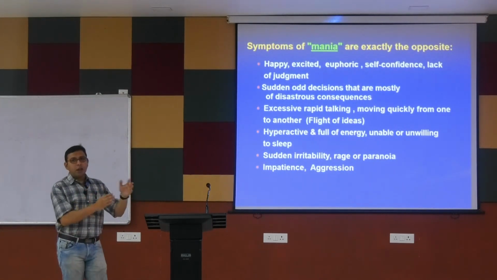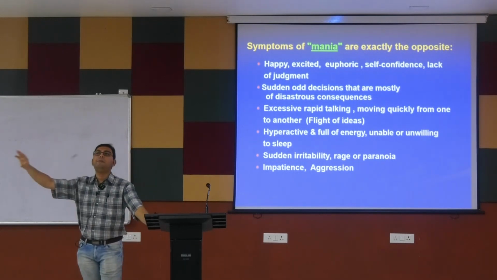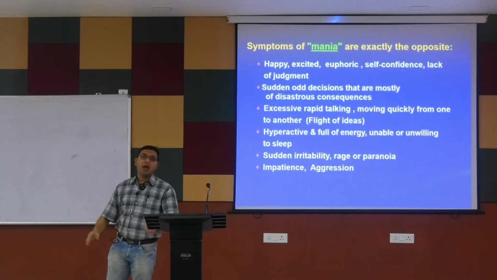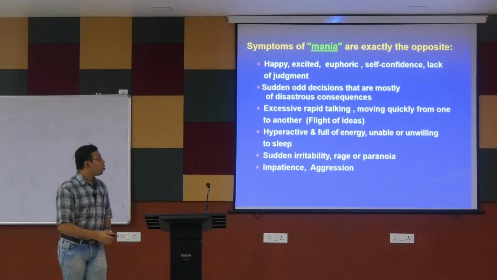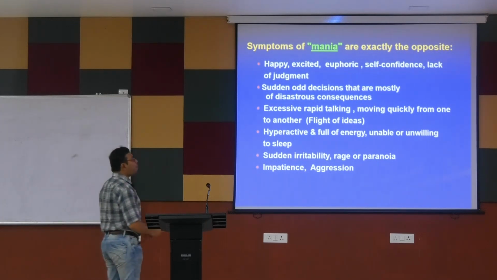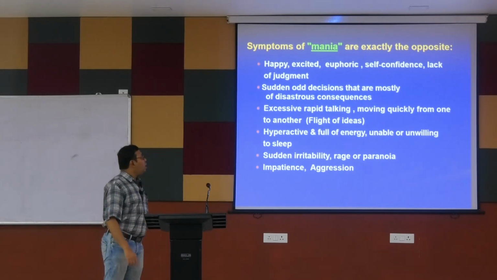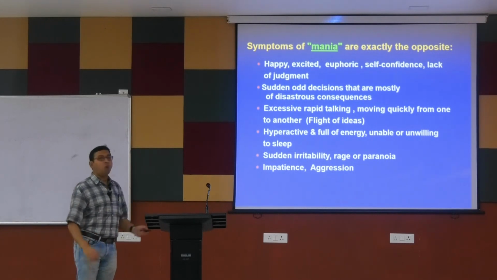So in the opposite spectrum of the depression there is mania. If we consider this a spectrum of mood, in one end there is mania, in the other there is depression, and in the middle there are different types of conglomeration of the symptoms. Mania is basically euphoria, happy, excited, euphoric, self-confidence, lack of judgment, sudden odd decisions, excessive rapid talking, moving quickly from one idea to another.